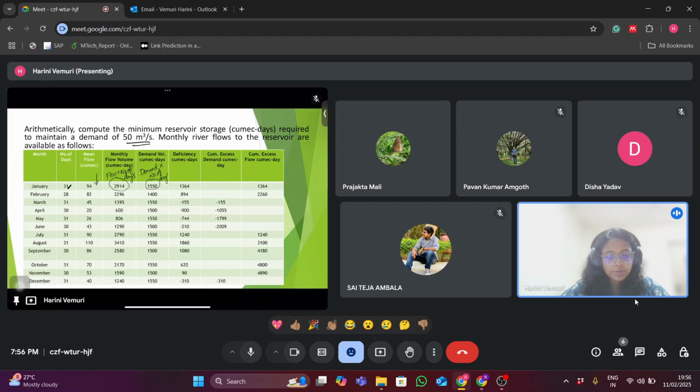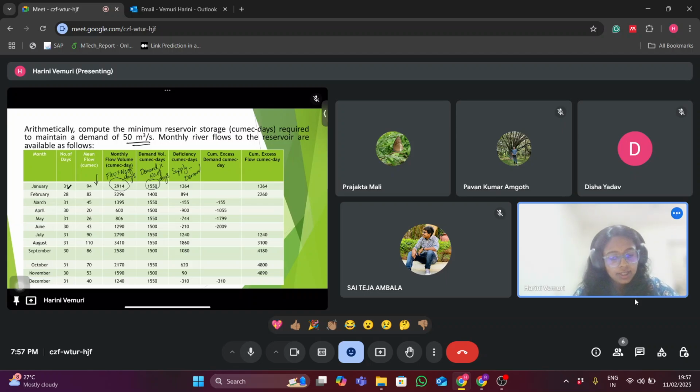If the supply is more than demand, we don't have any deficiency. If the supply is less than demand, we have a deficiency. So to calculate deficiency, first we will subtract supply minus demand, column 4 minus column 5, and we are getting these values.